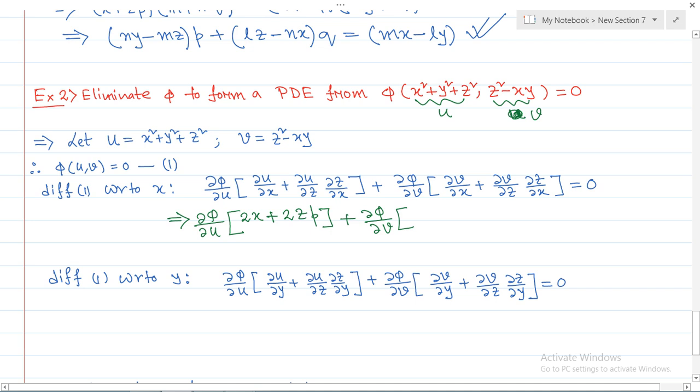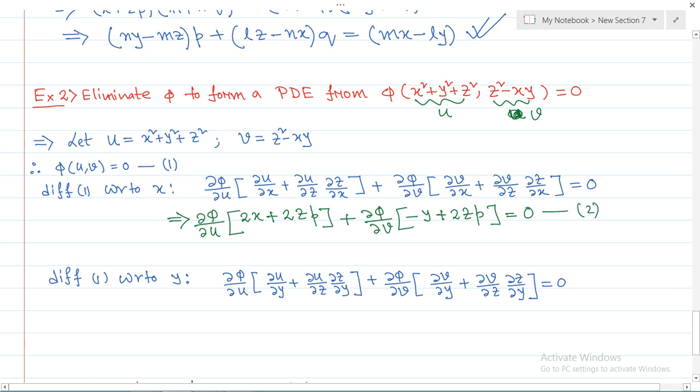So this is going to be minus y, plus del v del z, this is going to be 2z, and del z del x, that is p. This is equal to 0. Say this is equation number 2.